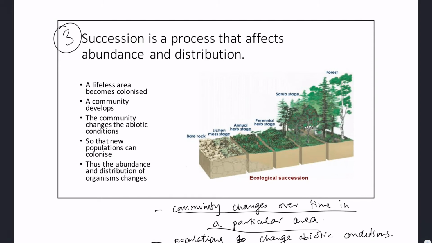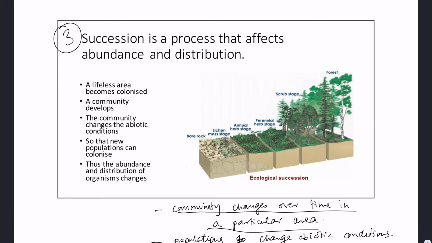As abiotic conditions change, we've already discussed, as abiotic conditions change, obviously the populations that can survive there also change.